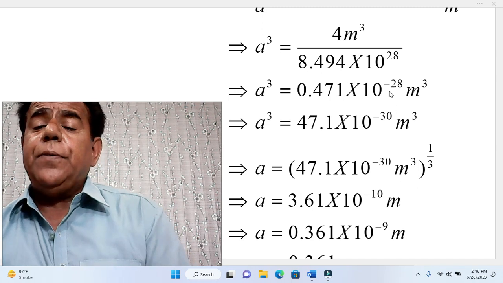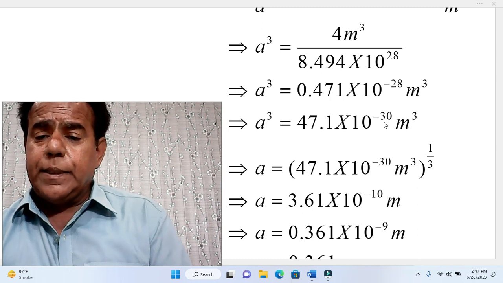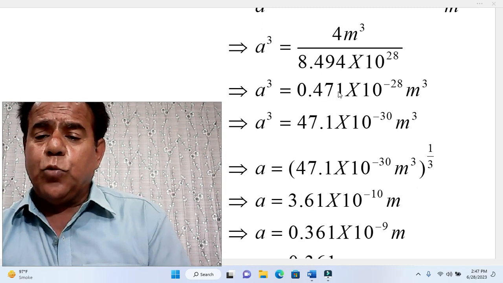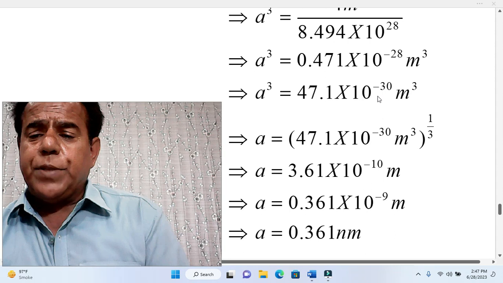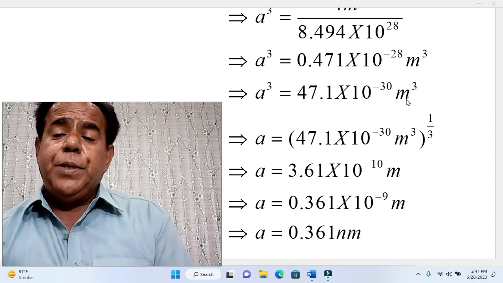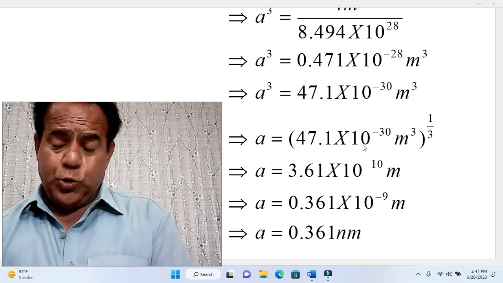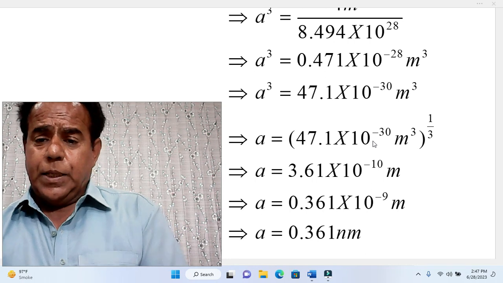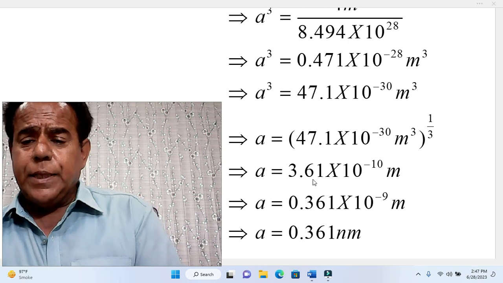So when we change this 10 raised to the power minus 28 into 10 raised to the power minus 30, we will have to change this figure from 0.471 to 47.1. Hence a will become, taking the cube root on both sides, meter cube becomes simply meter, 10 raised to the power minus 30 becomes 10 raised to the power minus 10, and the cube root becomes 3.61.